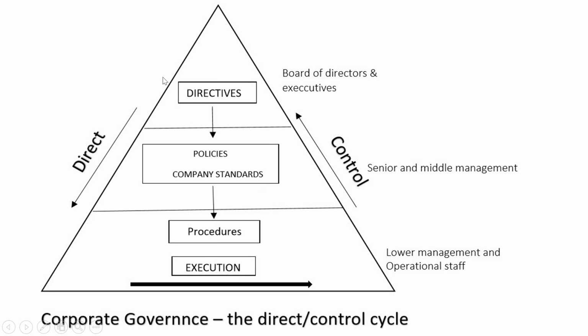This is where the direction is coming from, and then they control and monitor, because for these policies that come from the board, they make sure there's a way they measure the effectiveness. That's what we call measuring the effectiveness of the ISMS. You want to see if people are complying with the policy. So that's where the control comes in.